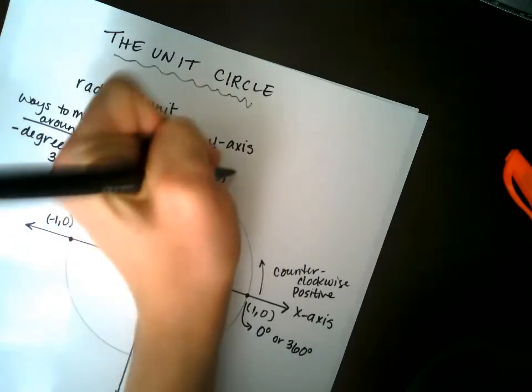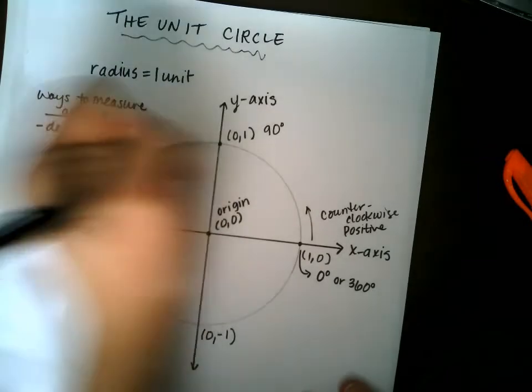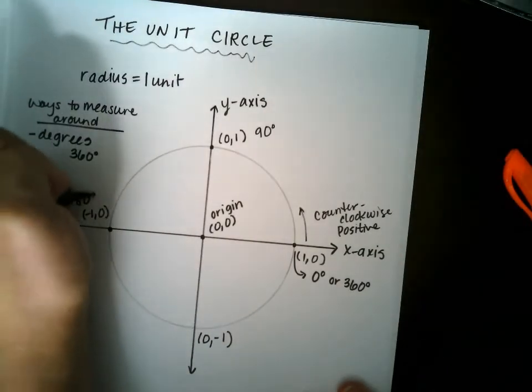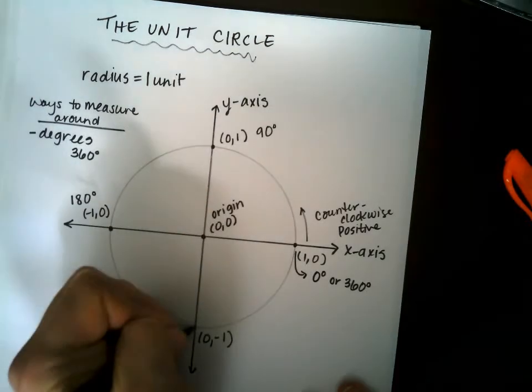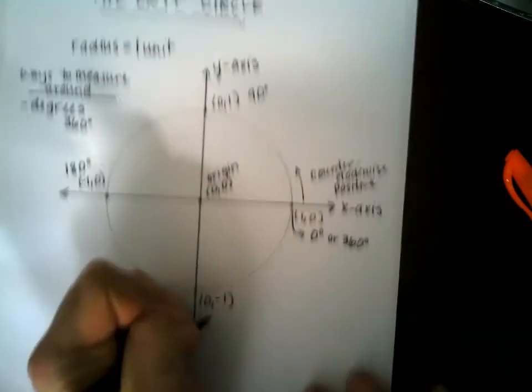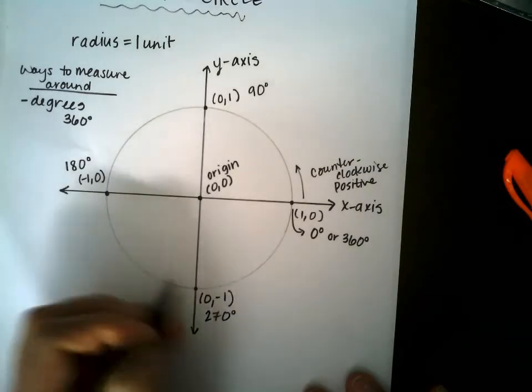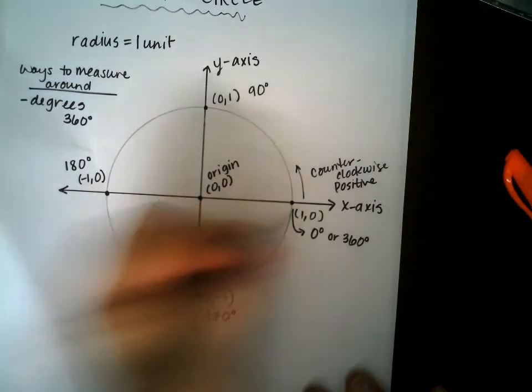And if you measure with your protractor, you'll see that this spot is 90 degrees. Okay, and then we get a little bit further. Right here is 180 degrees. And then another 1/4 of the circle, and we are at 270 degrees. And then back at the beginning, we are at 360.